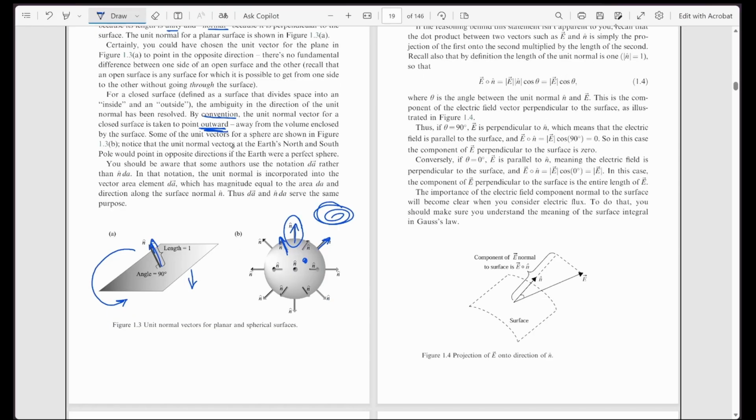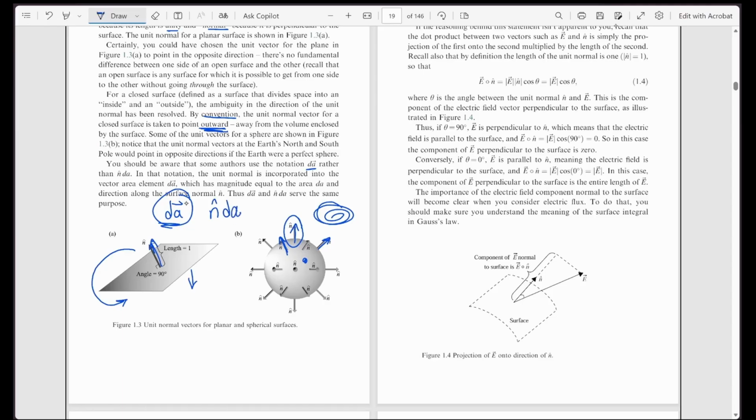Notice that the unit normal vector at Earth's north and south pole will point in opposite directions if Earth was a perfect sphere. You should be aware that some authors use the notation dA rather than n hat dA. So in some books you'll find it that way, where it just defines this thing as a vector, and here it's saying n hat times dA.